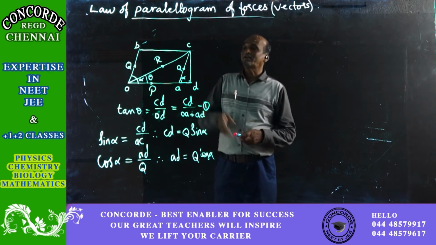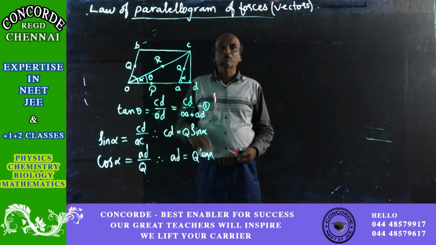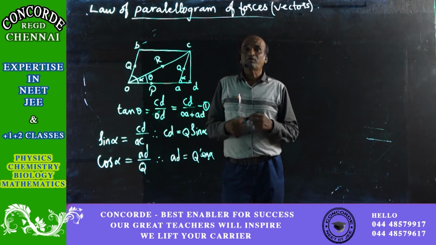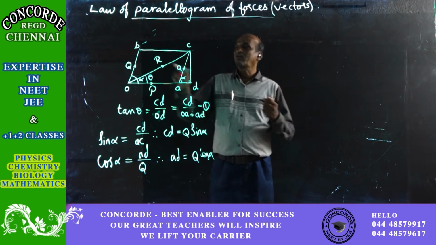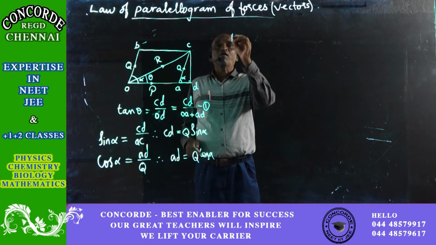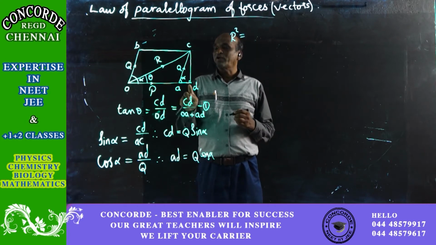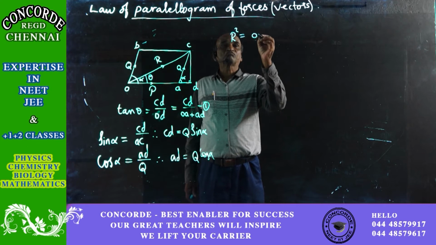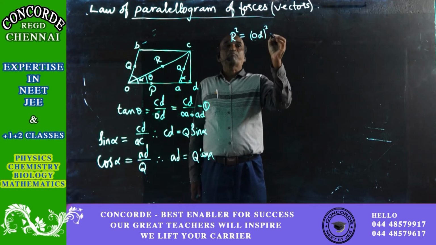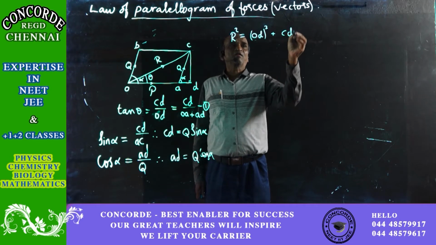From the right angle triangle CDO, we get from the Pythagoras theorem that R square is equal to OD square plus CD square.